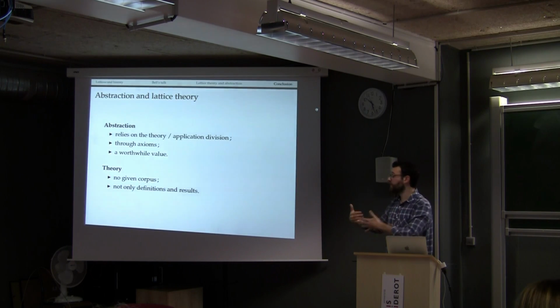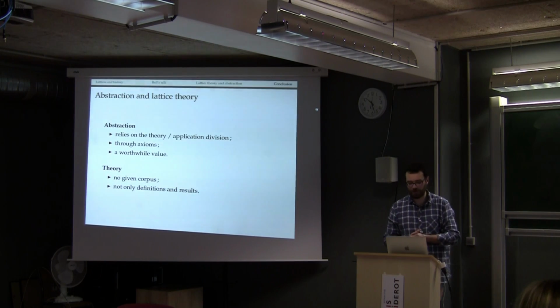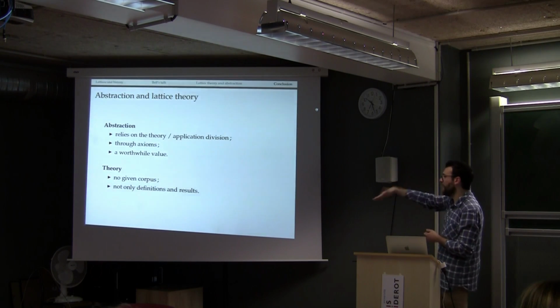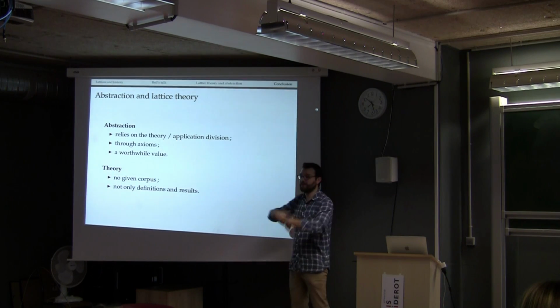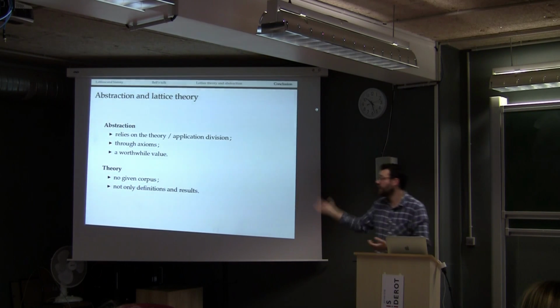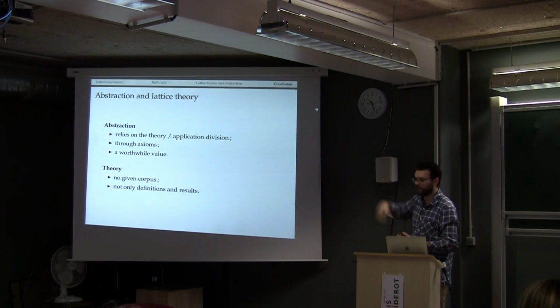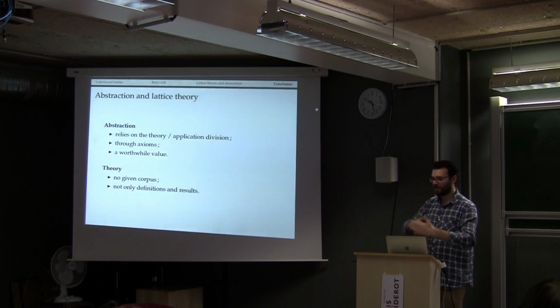Also, we cannot take for granted any given corpus that should be obvious to study the theory. And, well, this point I said already, I would like to argue that theory is not only about these definitions and results that we find in books or treatises on the subject.